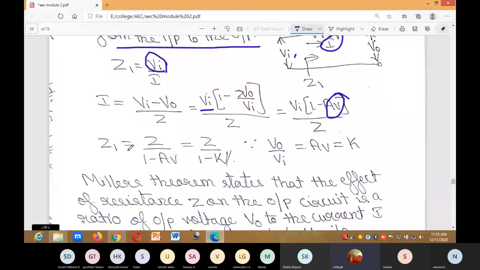Z1 is equal to Vi divided by I. We know the value of I, so substitute it. Vi divided by Vi times (1 minus AV) over Z; Vi gets cancelled. You will get Z divided by 1 minus AV.